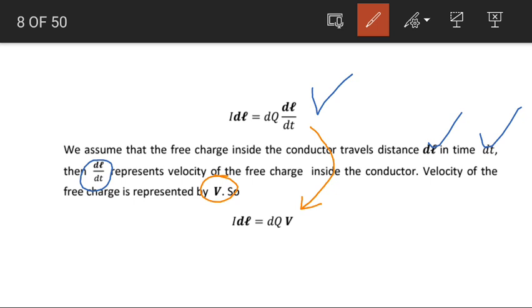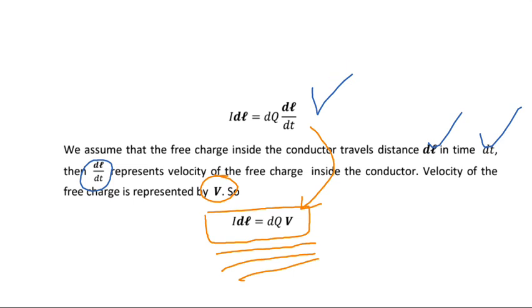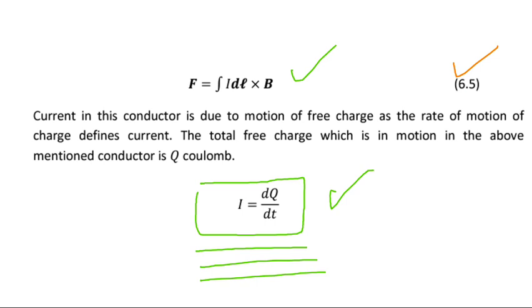So definitely IDL will be equal to dq multiplied by v. dq represents the differential charge which is in motion inside the conductor, and v represents the velocity of the free charge inside this particular conductor. So we put the value of IDL in equation number 6.5.